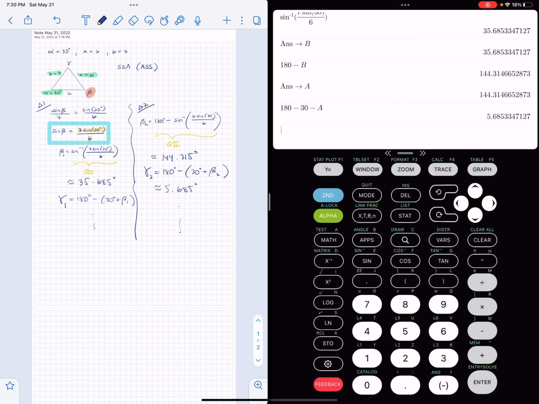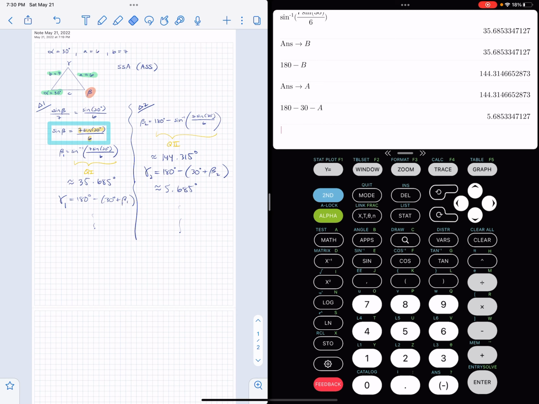So that's why for the SSA case, if you're given an obtuse angle, it won't make sense for there to be a second triangle, right? Because you already have the quadrant 2 angle. Any triangle can have at most one quadrant 2 angle, one obtuse angle.